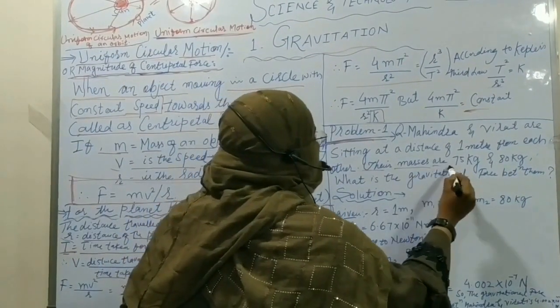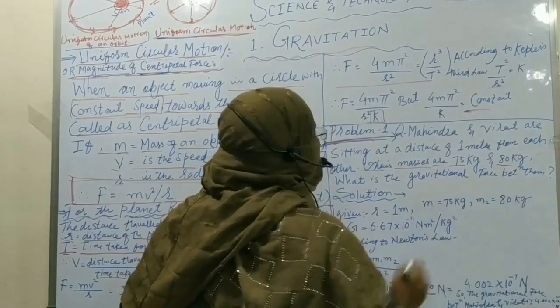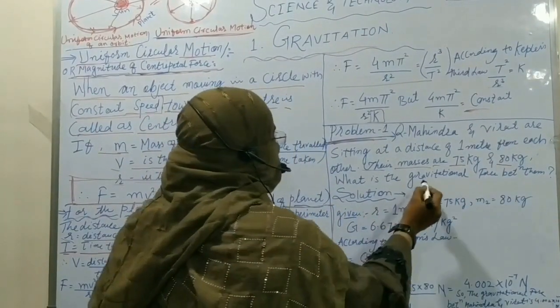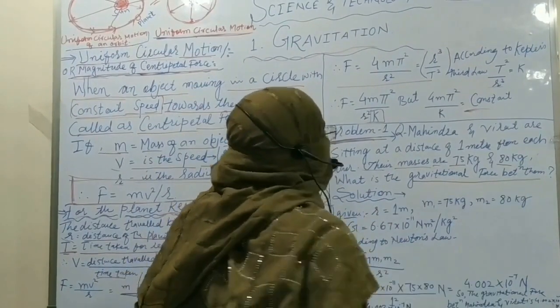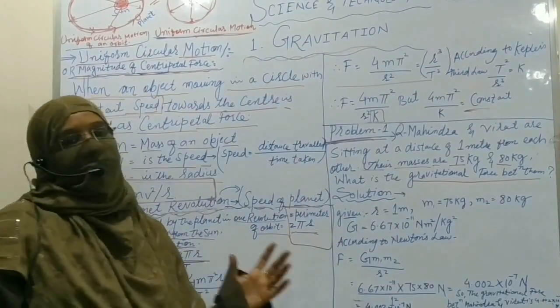Their masses are 75 kg and 80 kg. So we have to calculate the gravitational force between them.